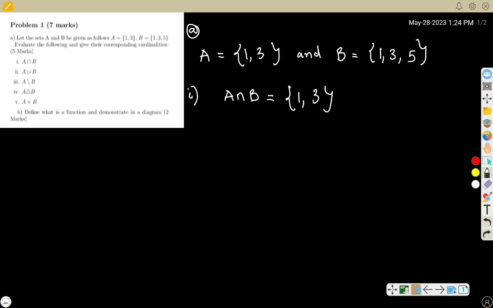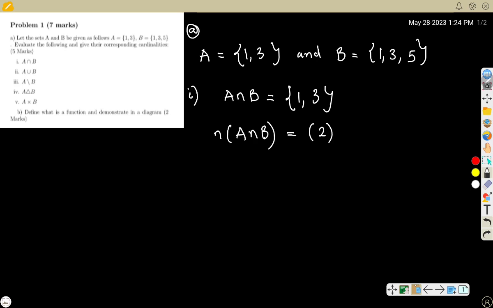The question also says we should find the corresponding cardinality. So cardinality is just the number of elements present in a set. So the number of A intersection B, how many elements do you have there? I have 2. So that means the cardinality is 2.